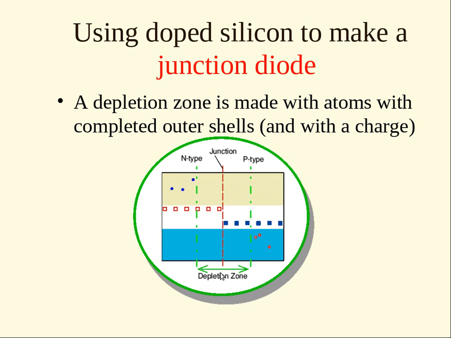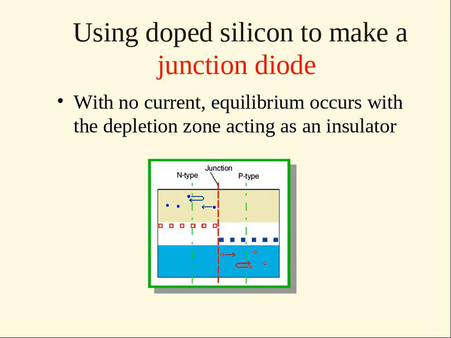But in general, there's something called the depletion zone, or the equilibrium, where this many of the electrons can fill in this number of holes, but these guys can't make this whole jump because this whole thing has become an insulator. So they can't jump that far, so to speak. And I'm waving my hands when I say jump, just to make things easier to understand. All right, so with no current, equilibrium occurs, and this is an insulator.